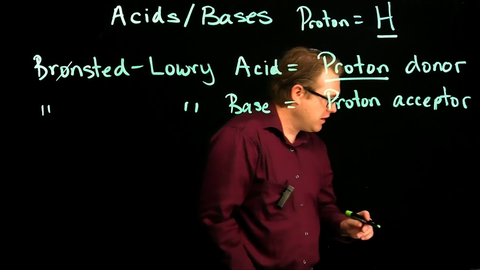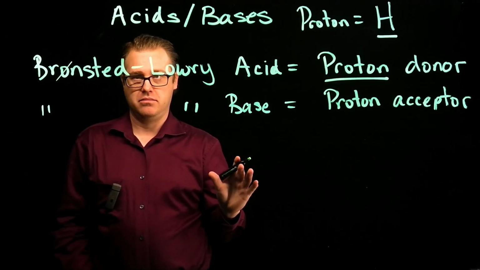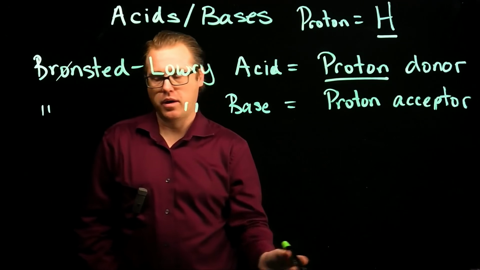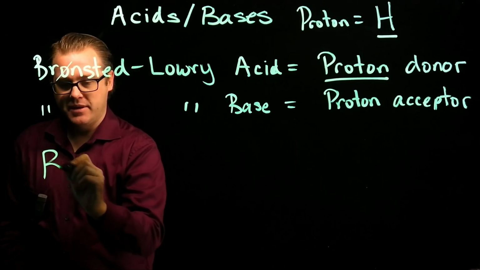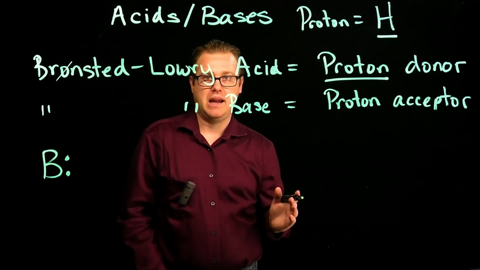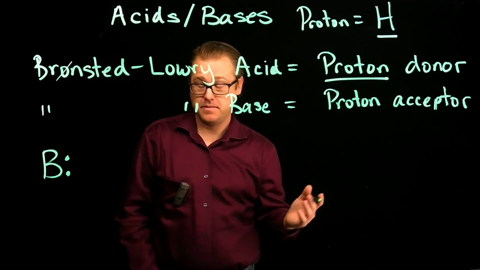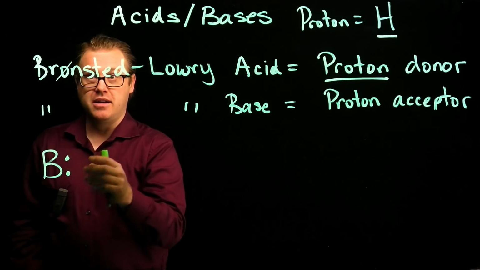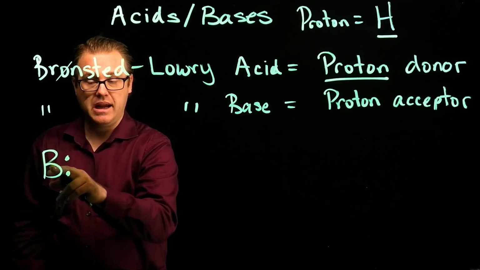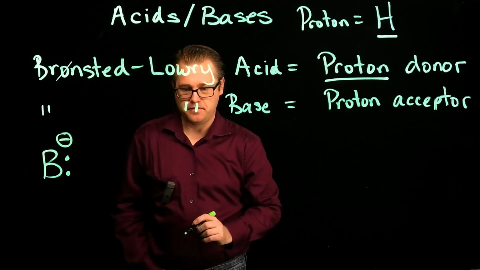What we have is a general mechanism of how acid bases work. I'm going to represent any base with the letter B. There are many, many different versions and variations of bases, but I need to represent all of those with a B, and it's going to have a negative charge.